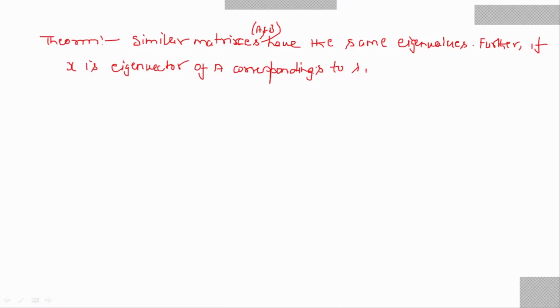Because A and B have the same eigenvalues. If lambda is the eigenvalue of A, then lambda is also eigenvalue of B.